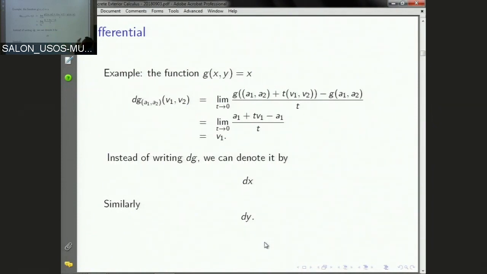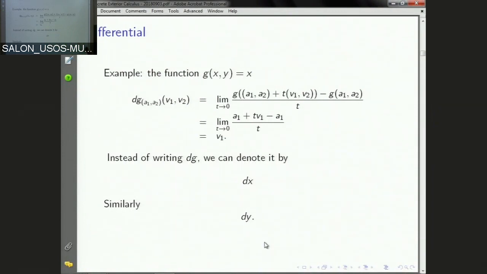Take the function g of (x,y) to be equal to x. Take the first coordinate of the point. Compute the Newton quotient for that function, and the answer turns out to be the first coordinate of the vector. So instead of writing dg, I could write dx, because essentially the function could have been called just x, and what we have computed is its differential.